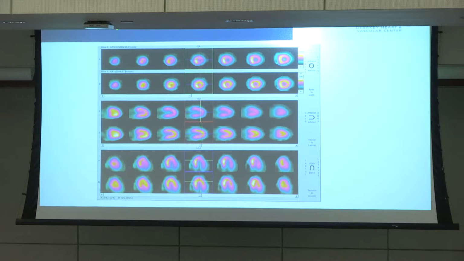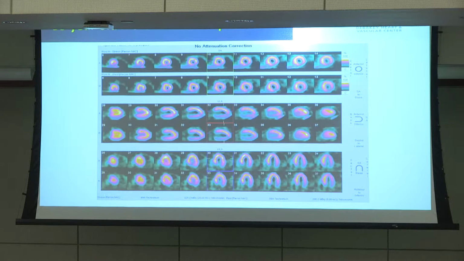Now, again, you have to look at the quality of the images and how we identify these. So let's look at this case. This is a 59-year-old male with chest pain. Anyone want to shout out what you see here? The inferior wall has a perfusion defect, and it's on both stress and rest.